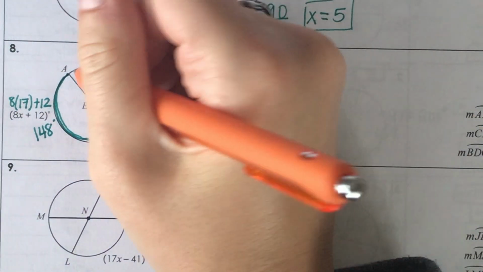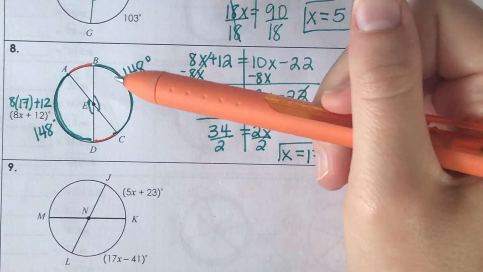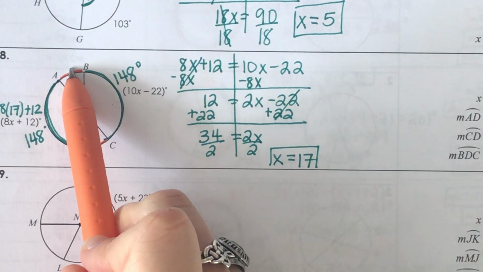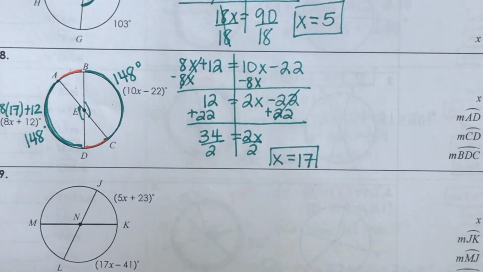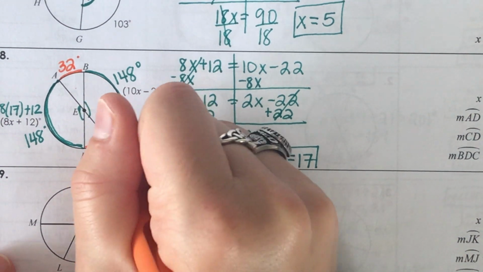Now, I can figure out what these two arcs are. These two are vertical, so they're going to be the same. I know if I add this plus this, I should get 180. So to figure out this piece over here, I'm going to do 180 minus 148, and I get 32. And that must mean this one's 32.